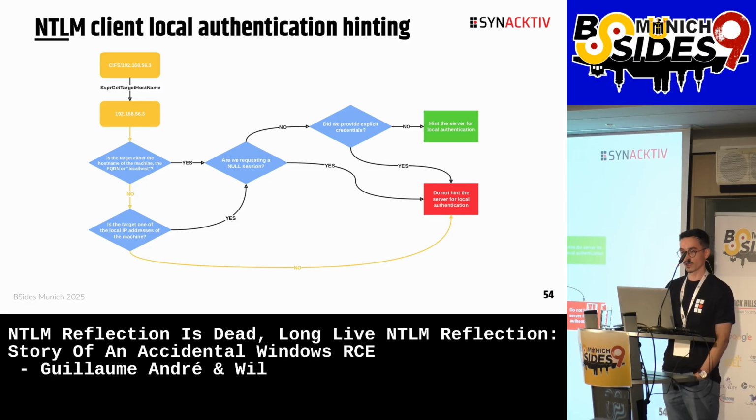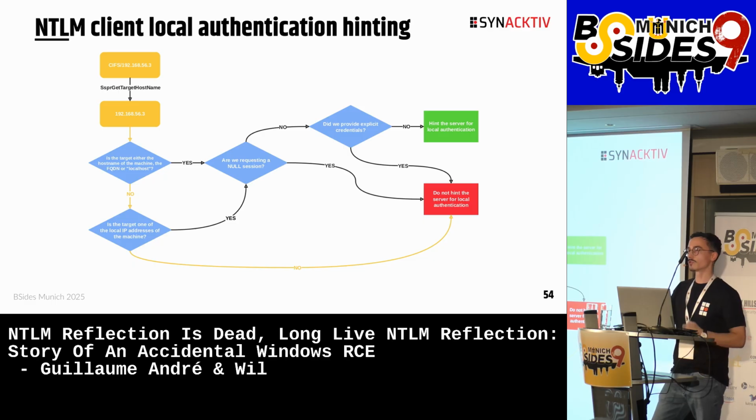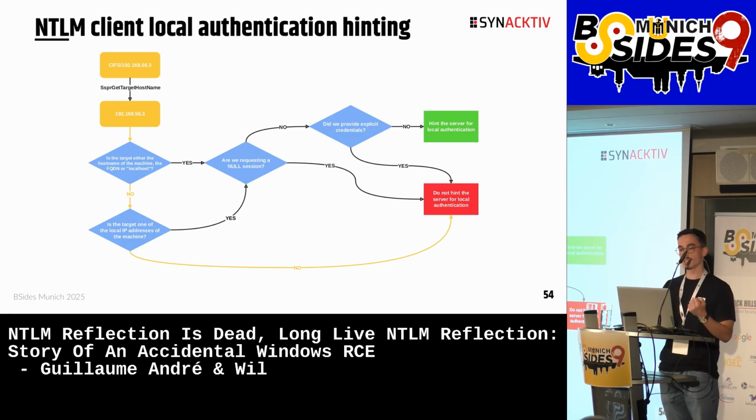examples. The first example is if you try to coerce a machine by giving it an IP address as the target. The SPN that will be constructed will be CIFS/the IP address. Via a call to SspiGetTargetHostName, the service class will be stripped off. You will only be left with the host part. In this case, it's the IP address.